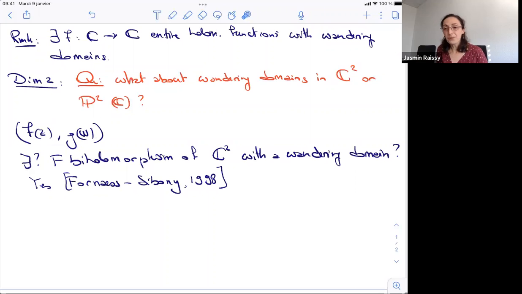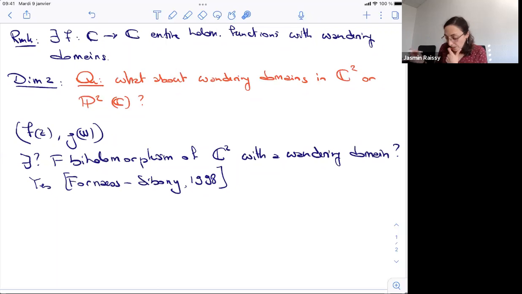Because in P2, you usually have 3 coordinates, right? But if I have 2 polynomials in C2, then I can homogenize, add a third variable. And since here I have a direct product, I have no problem in doing that, I will be able to build a holomorphic endomorphism of P2 of C. Okay?